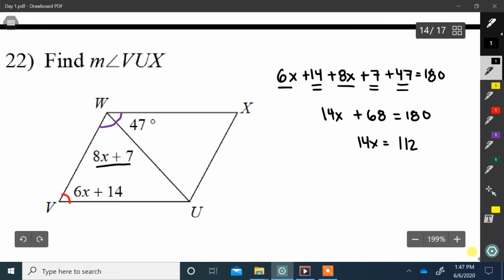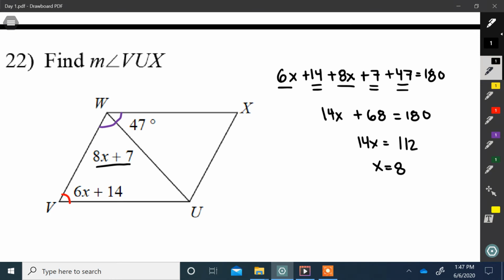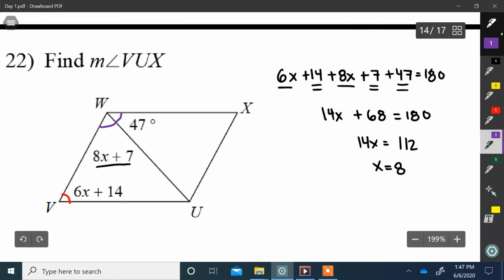It's 112. And then divide that by 14 and you get x is equal to 8. All right, so you're probably wondering, how is that going to help me figure out what BUX is?